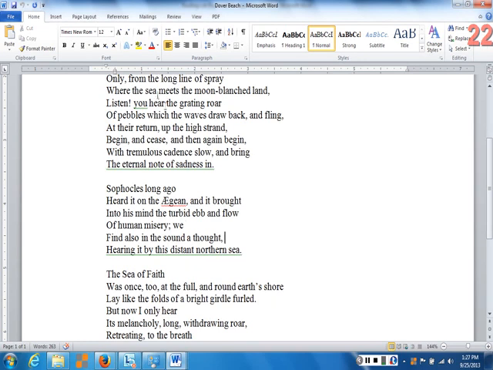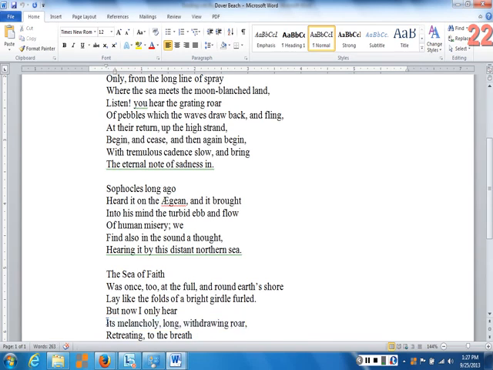Up here, this is a literal description of an actual physical scene. The speaker is standing there on the cliffs of Dover at the beach, looking at it, describing the actual physical place. But down here, all of a sudden the ocean, the sea, has become metaphorical, and the ocean now is withdrawing. And we apply this metaphor then to faith.